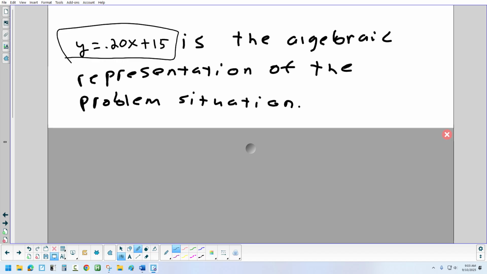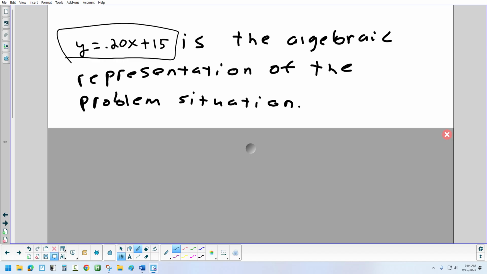All that information has been represented in that equation. It's kind of hidden in it. But unless you have the context for it, you don't know what it really means. So when they ask you in the homework to come up with an algebraic representation of a problem, it basically means to come up with an equation.